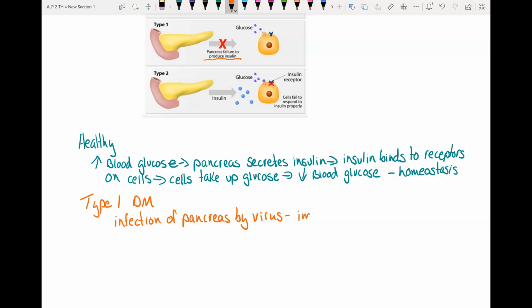Your immune system goes to kill the virus, but it messes up and destroys parts of your pancreas instead, and you're left unable to produce insulin.